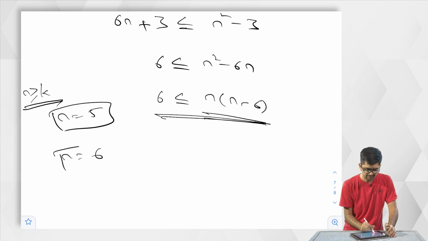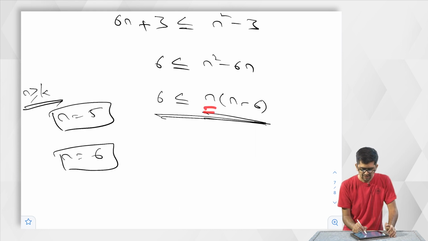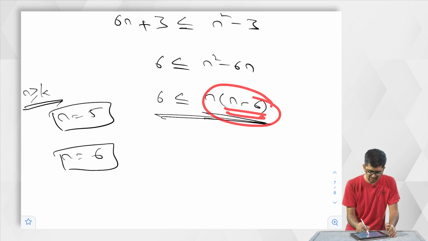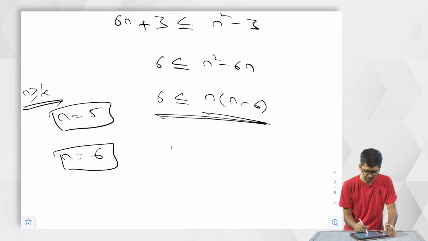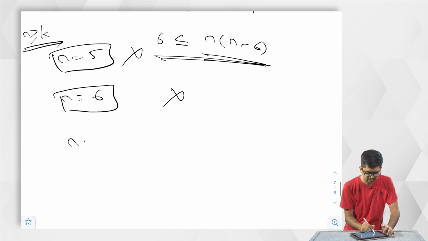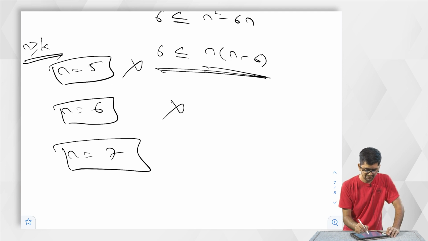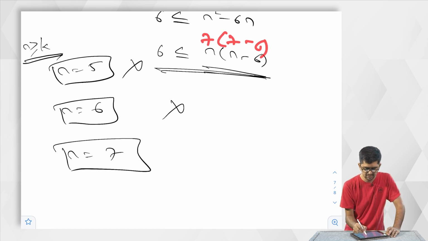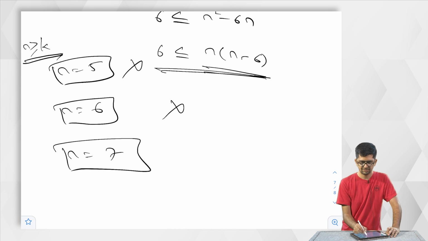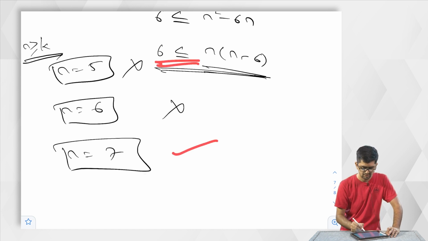What about 6? For n equal to 6, 6 times (6 minus 6) is 0, which is less than 6, so it is false. What about n equal to 7? 7 minus 6 is 1, 7 times 1 is 7, this is true.